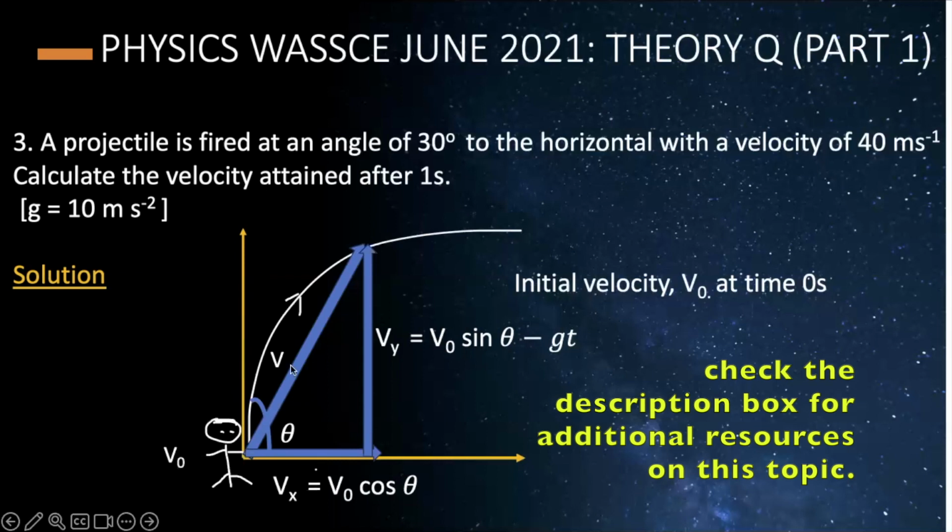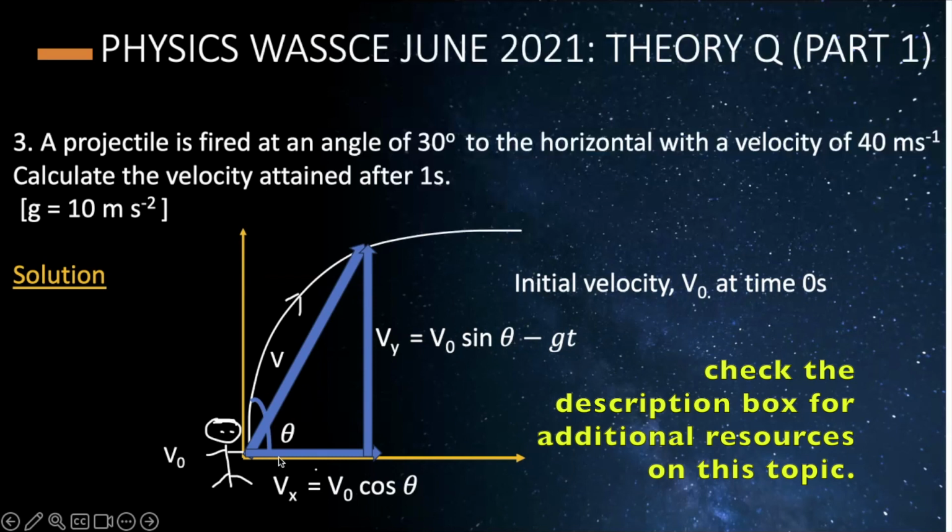The vertical component can be estimated as V0 sine theta minus gt. Remember that this is parallel to this vertical, so it doesn't matter which side. And the horizontal component is V0 cosine theta.